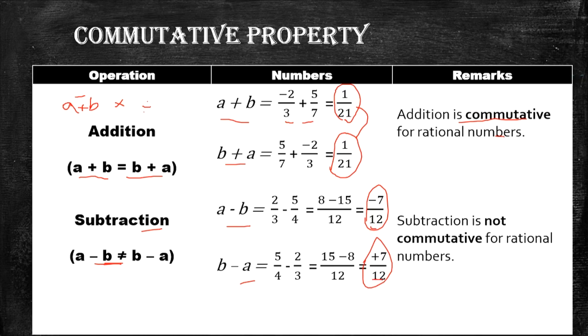What is the difference? Only the sign. Here it is minus and here it is plus. So the both numbers are completely different. They are not equal, since LHS is not equal to RHS. The remark is subtraction is not commutative for rational numbers.